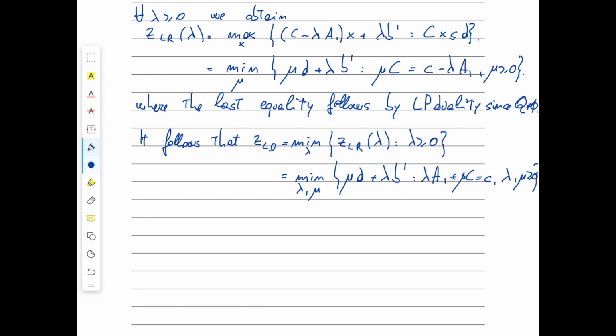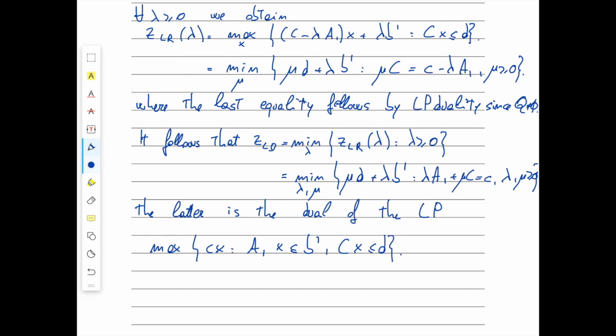Let's take the dual as we discussed. The latter is the dual of the LP max Cx with a1 x less than or equal to b1 and Cx less than or equal to d. And we're done.